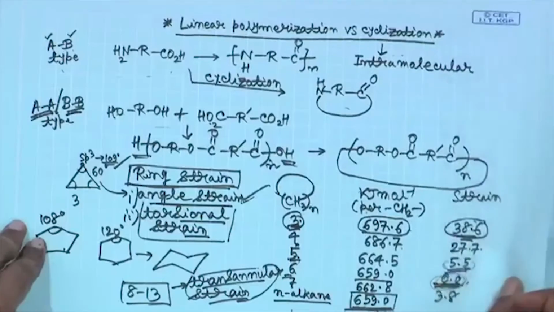So, that would mean kinetically the ring formation will be disfavored for very long chains. So, this is the thermodynamic and kinetic stability factor that I wanted to discuss here.